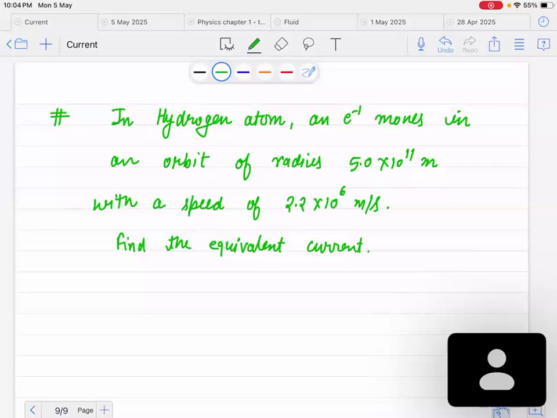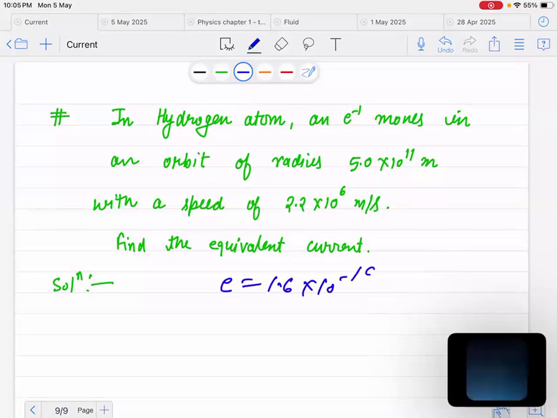It's very easy. Just do it quickly. Think about it. See, they're asking current. Current is charge upon time. What is charge? Electron charge, you know very well. The electron charge value is 1.6 × 10^-19, upon time.